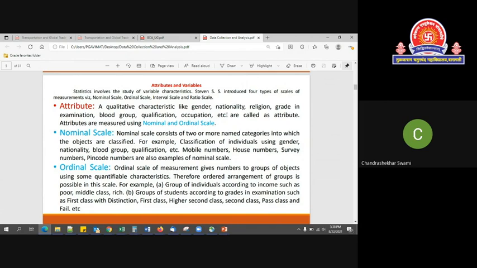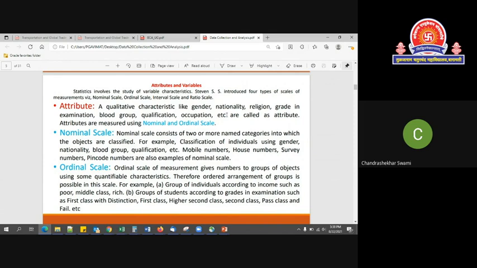You can classify them by their blood groups also. Suppose some group of people are classified by qualification or occupation. Qualification may be below 10th or 10th, or they may be graduated or post graduated.